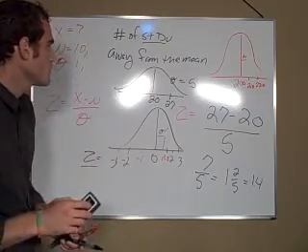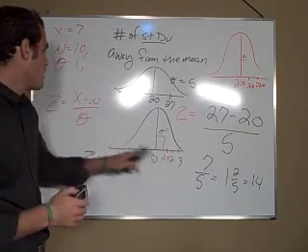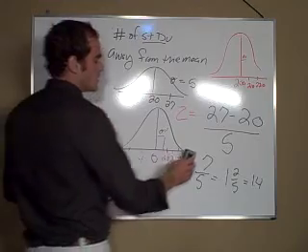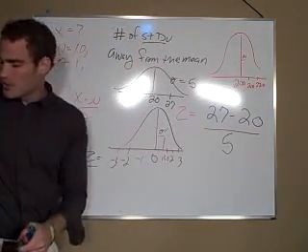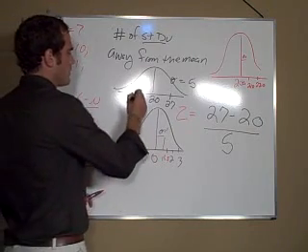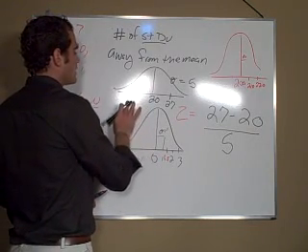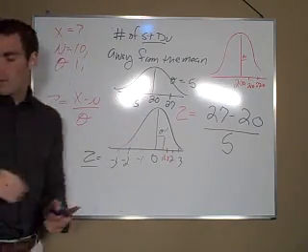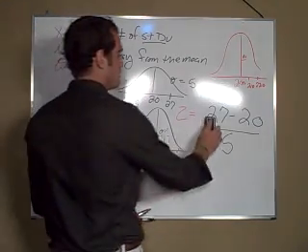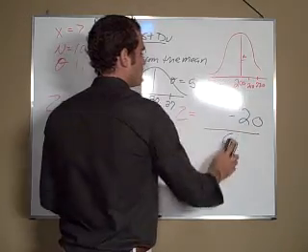Now, it works the same on the left-hand side or in the negative direction. Let's take a look. What if I ask you the z-score for 15? What would be the z-score for 15?